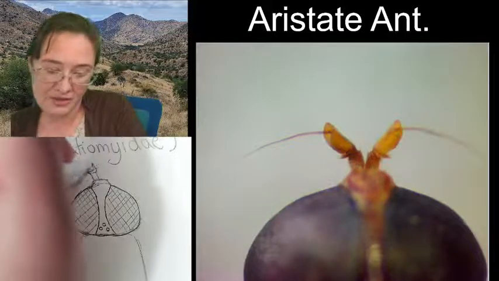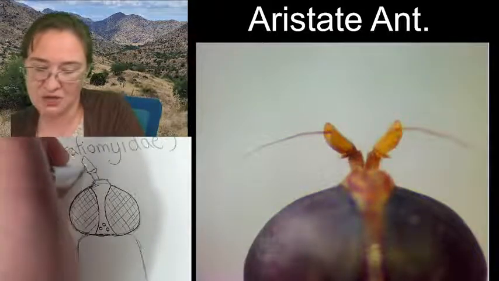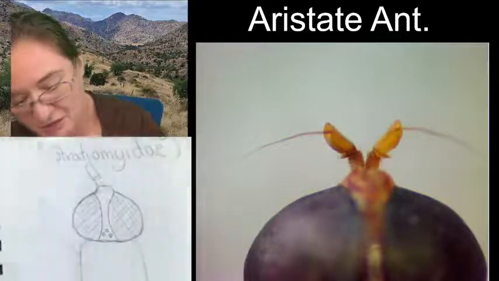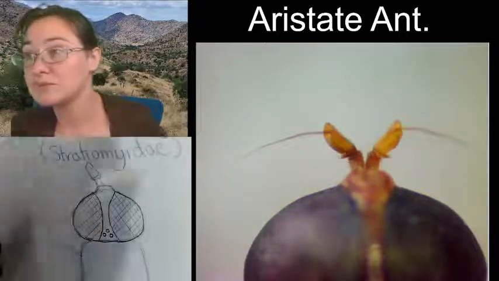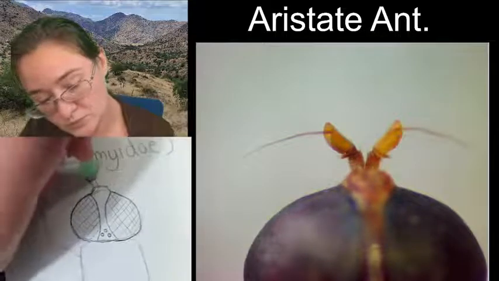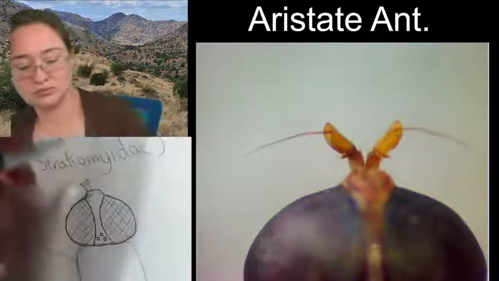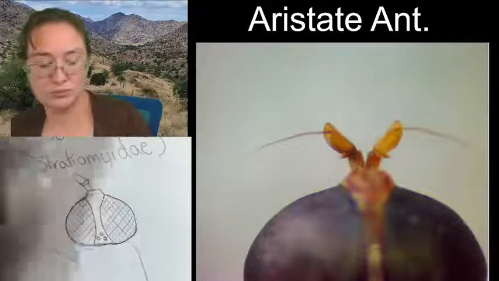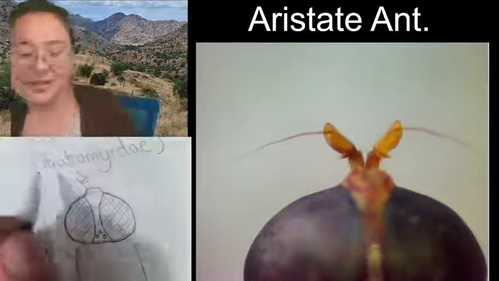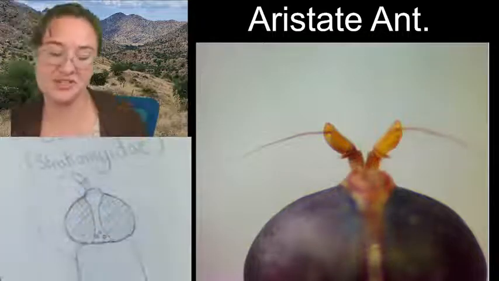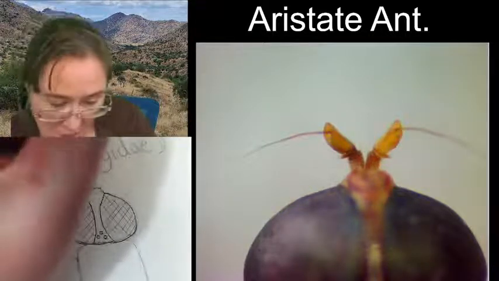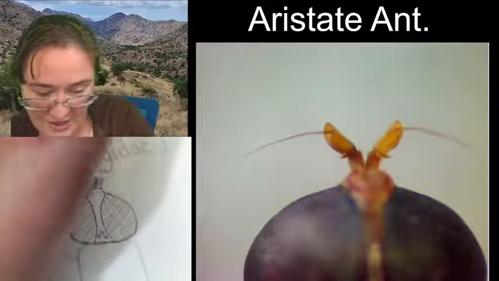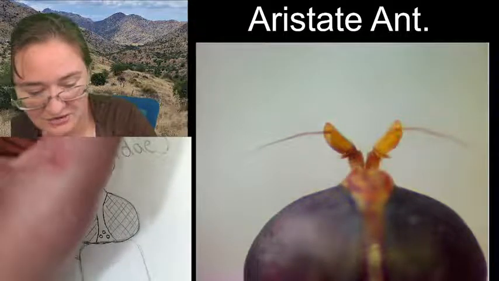And then the last segment is kind of longer and wider. Maybe not that long though. And finally, you have the arista, the small hair that's on the antennal segments. We call that the arista.